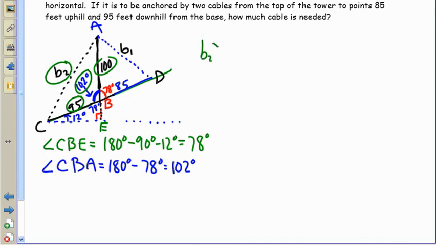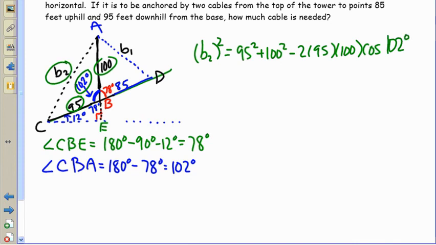B2 squared would be equal to 95 squared plus 100 squared minus 2 times 95 times 100 times the cosine of 102 degrees. If you plug this into your calculator and solve, you end up with B2 being about equal to 151.58 feet, rounding to the nearest hundredth.